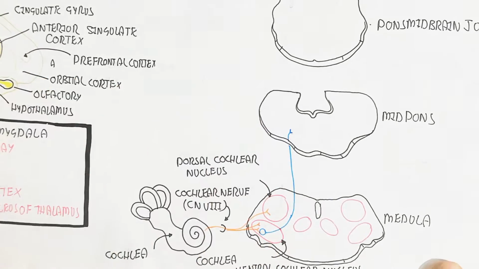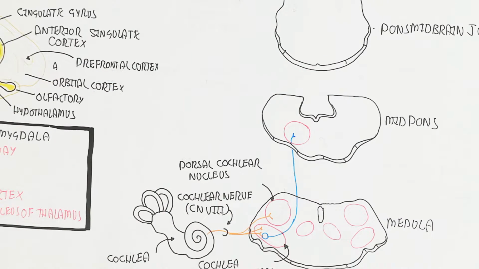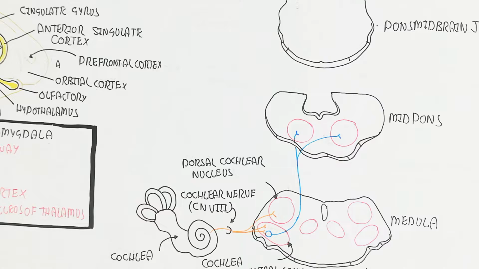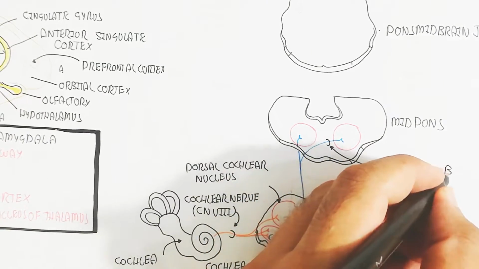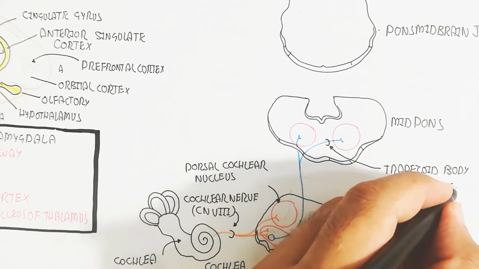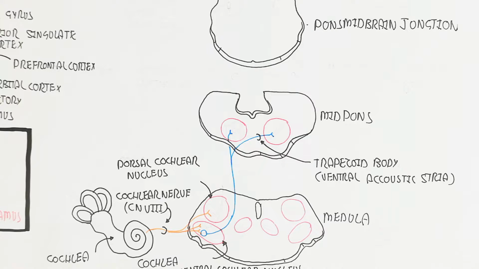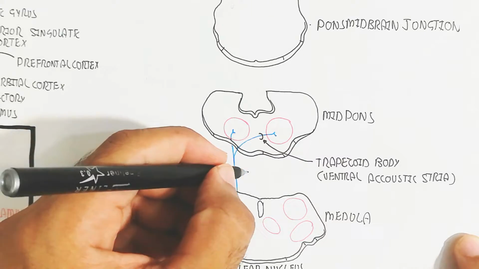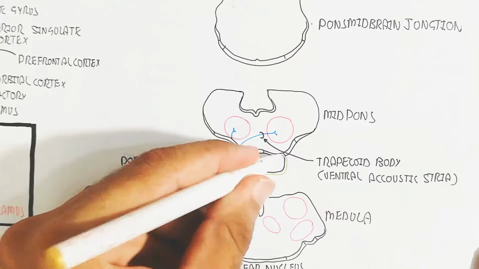After this, the dorsal and ventral cochlear nuclei transmit the signal via neurons toward the midpons, the trapezoid body, and the ventral acoustic stria. This ventral acoustic stria goes toward the nucleus of the midpons, and in this way both sides are covered, which is why one ear can feel the sound in both ears.